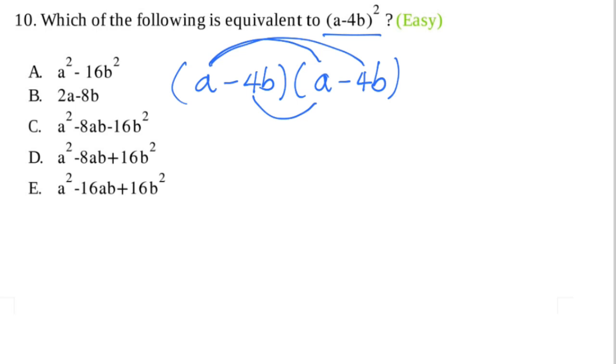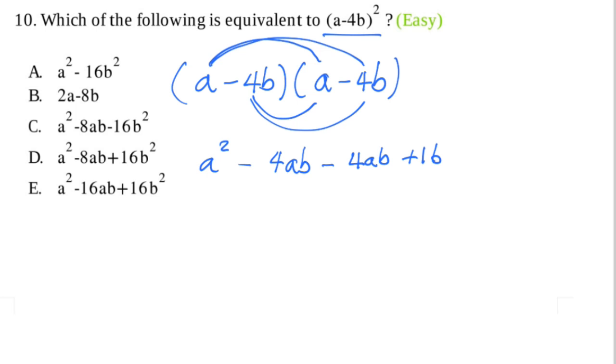A times a is a squared. A times negative 4b is negative 4ab. Then negative 4b times a is, again, negative 4ab. And then negative 4b times negative 4b is plus 16b squared.